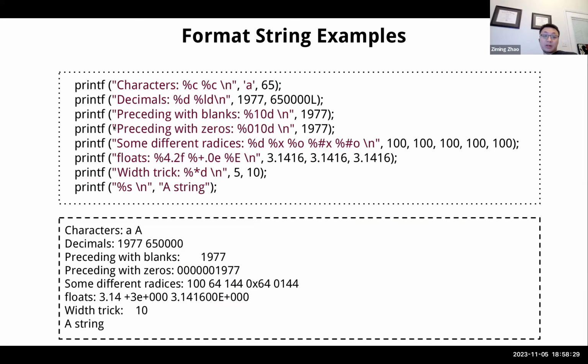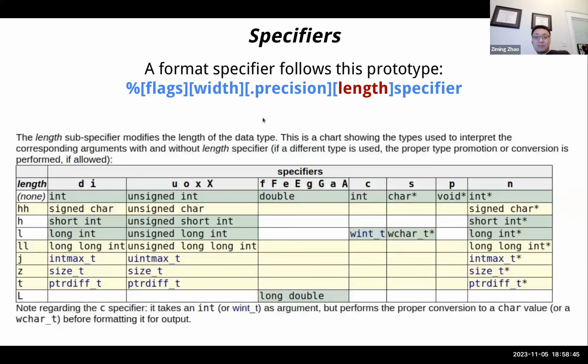The third one, we do padding with blanks. We also print out the same integer, 1977. However, before that specifier d, we have a number 10. That number is not a length, and it is not a precision, because for a precision you have to use a dot and then the precision.